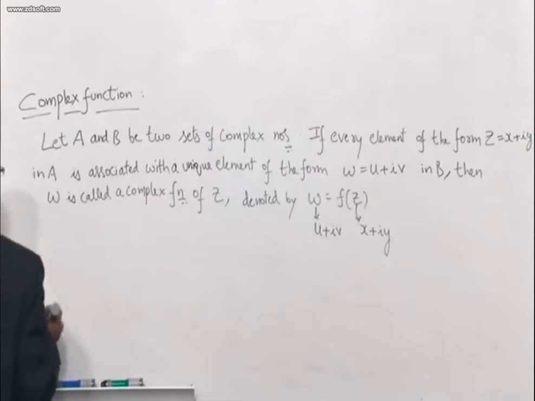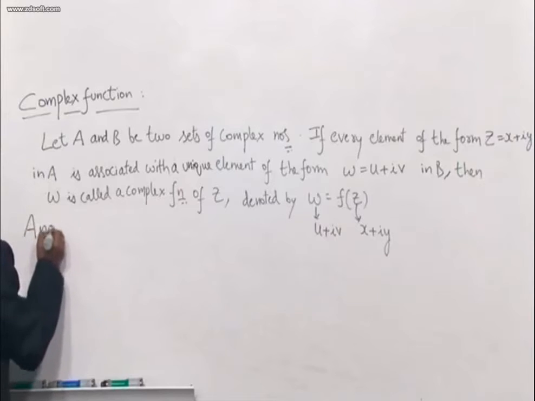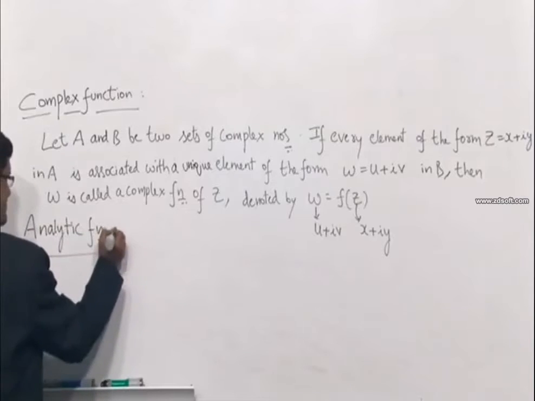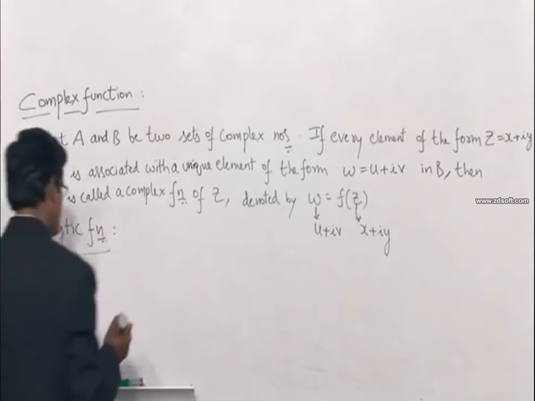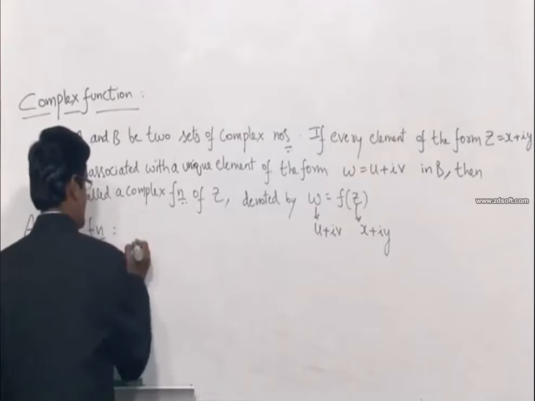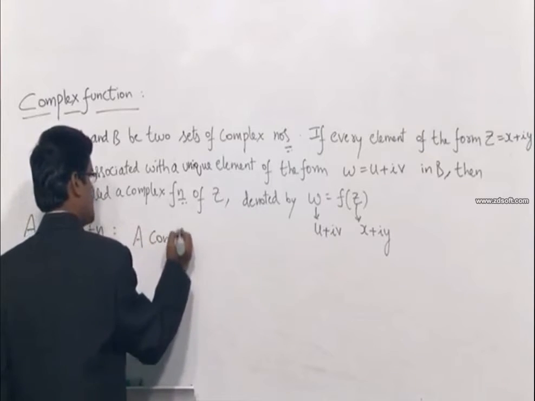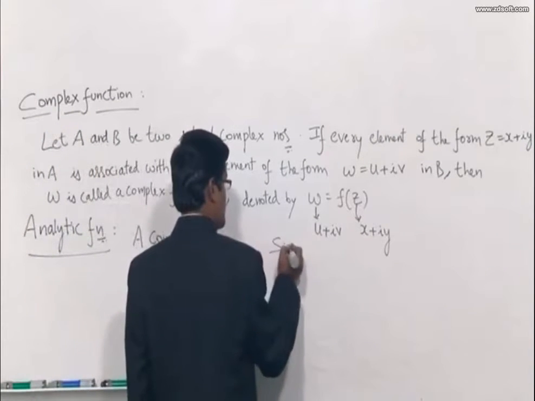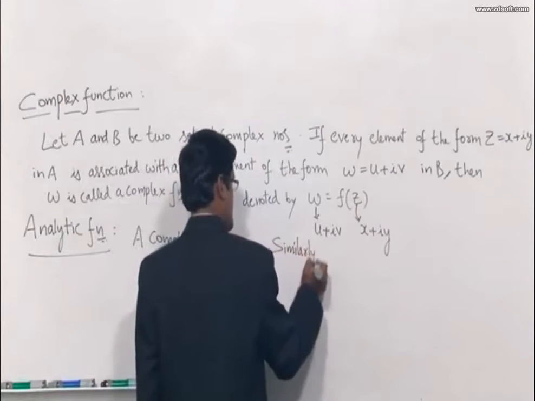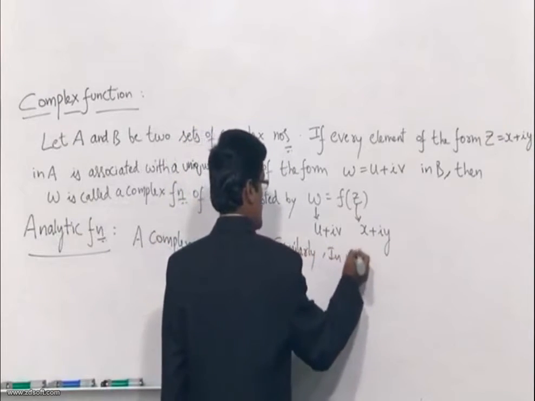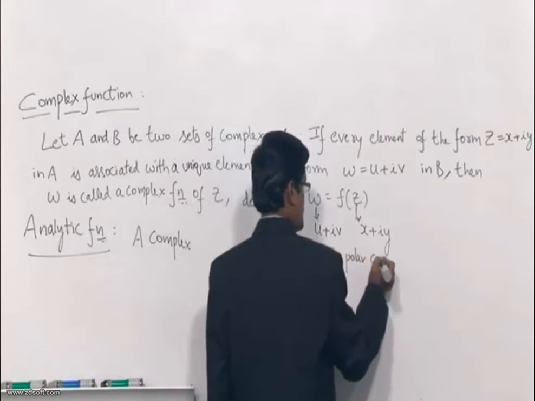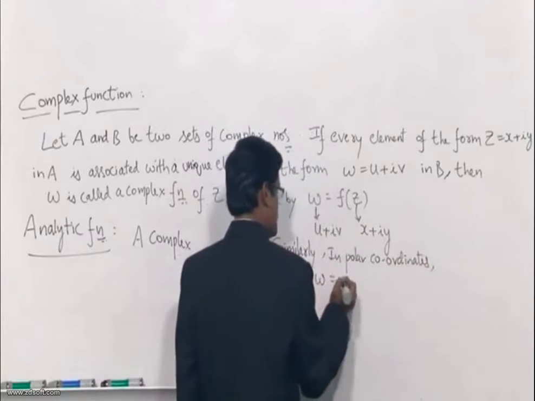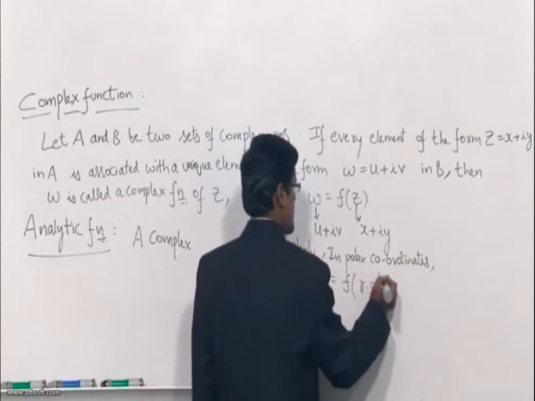Next, analytic function. A complex valued function. Just you can write here similarly in polar coordinates, W is equal to f of r into e power I theta.